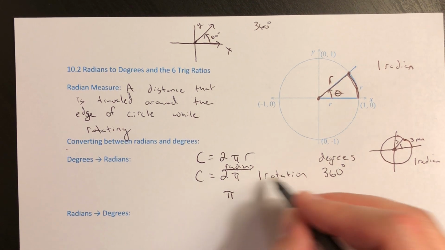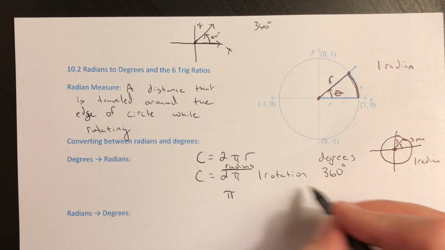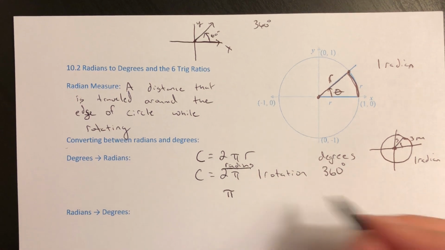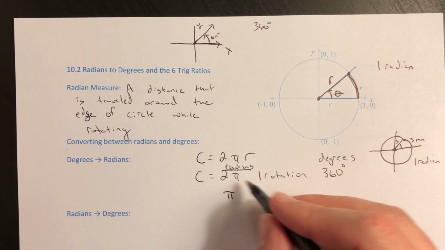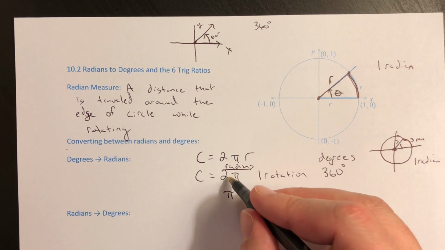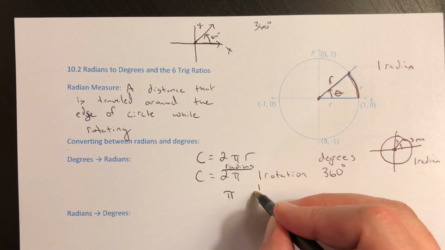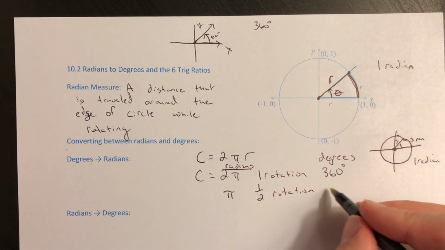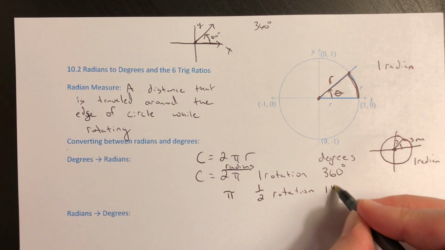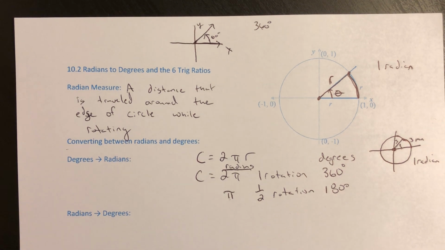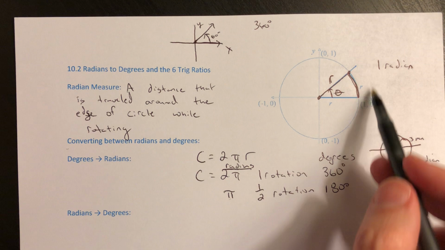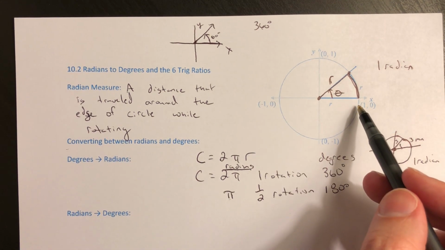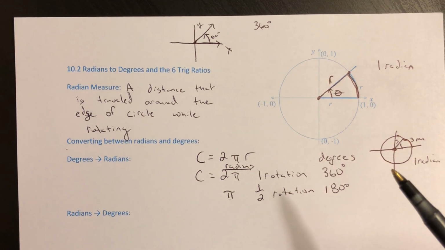So if 2 pi is 360 degrees, how many degrees would 1 pi be? Well, what's the relationship between 2 pi and 1 pi? Well, it's now half a rotation. So how many degrees would half a rotation be? 180 degrees. So it's a simple conversion using the idea that if we go all the way around the circle, it's 2 pi distance, by whatever the radius is.